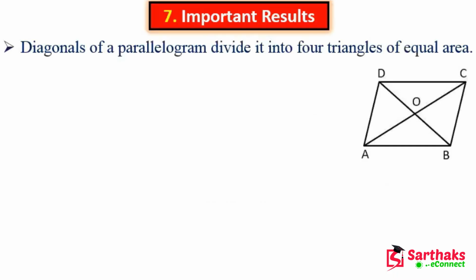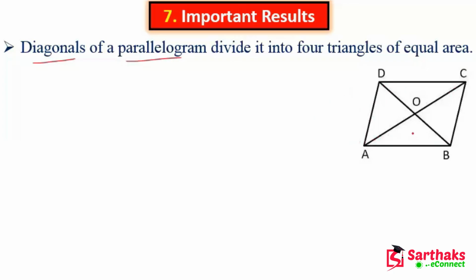Today we are going to discuss important results. Here is the result: diagonals of a parallelogram ABCD. We know that a diagonal of a parallelogram divides it into two congruent triangles. Now we are talking about both diagonals.